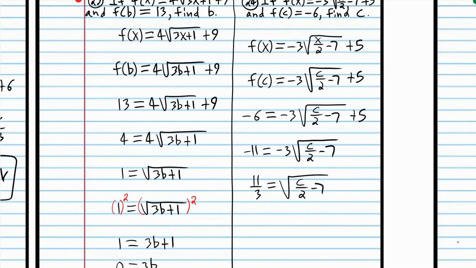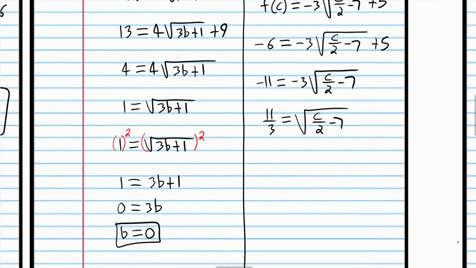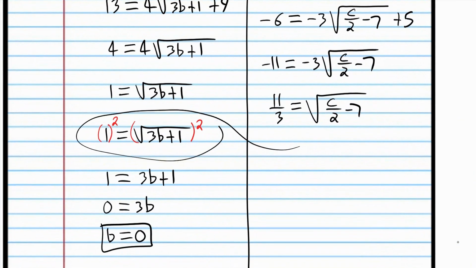And then I'm going to square both sides, and we don't have to show the squaring as we did over here. But it would probably be beneficial because now we have a fraction.